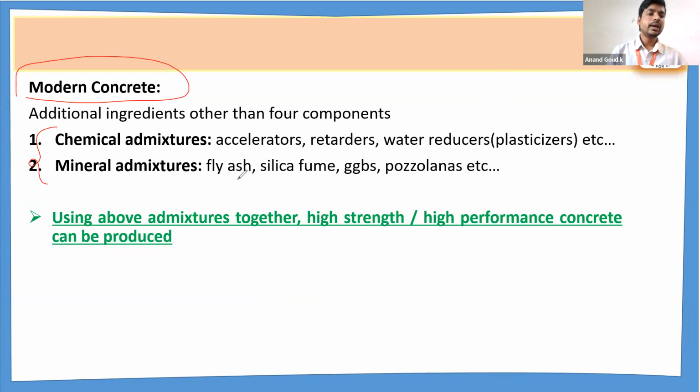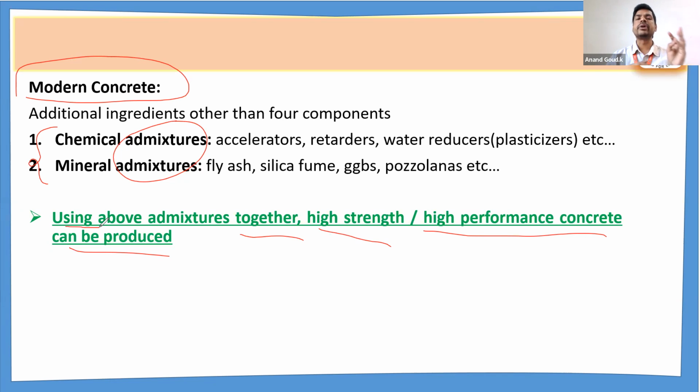And the next point is, using the above admixtures together, high strength and high performance concrete can be produced, as we have already discussed. By using these two admixtures, we can produce high strength concrete or high performance concrete. High performance concrete is that particular concrete which will be ideal in all aspects.